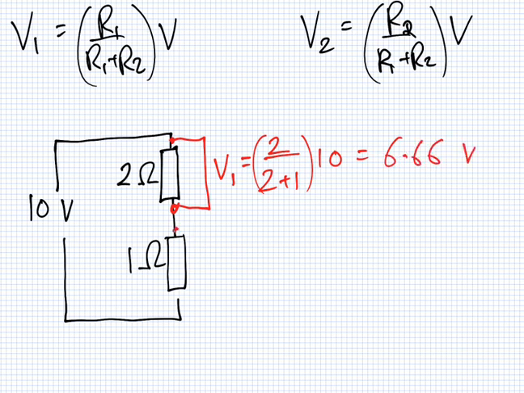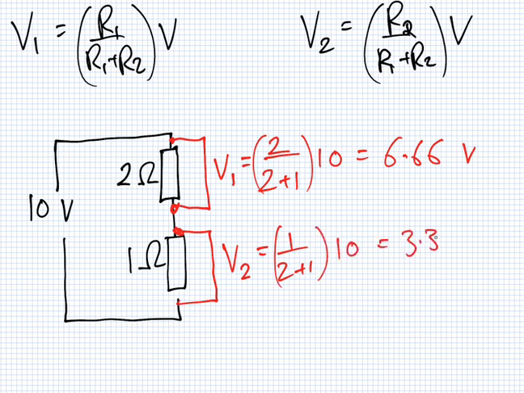And then here, the voltage V2, that is 1 over 2 plus 1 times 10, which is 3.33 volts.